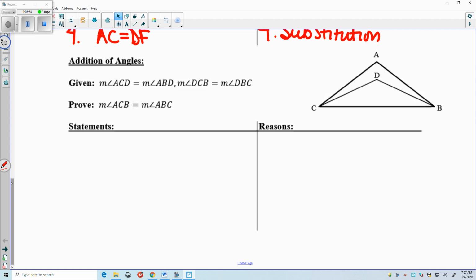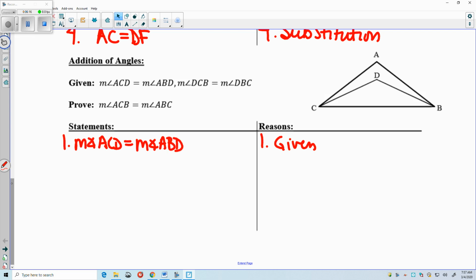Okay, let's take a look at number 2, our angle addition. So same concept, it's just this time we are dealing with angles. Okay, so again, I'm going to write down my given information. I have the measure of angle ACD is equal to the measure of angle ABD.